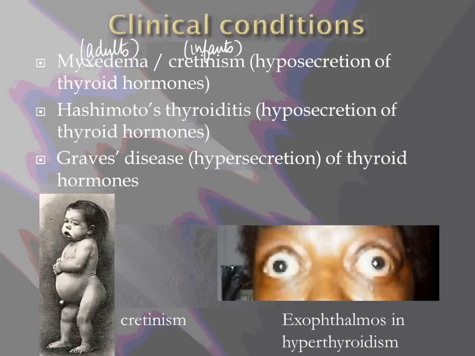In fact, they say you can recognize someone with myxedema over the phone itself, because they talk so slowly. They walk very slowly because the metabolism is not going on properly. Not enough heat is being produced, so they don't have enough energy.